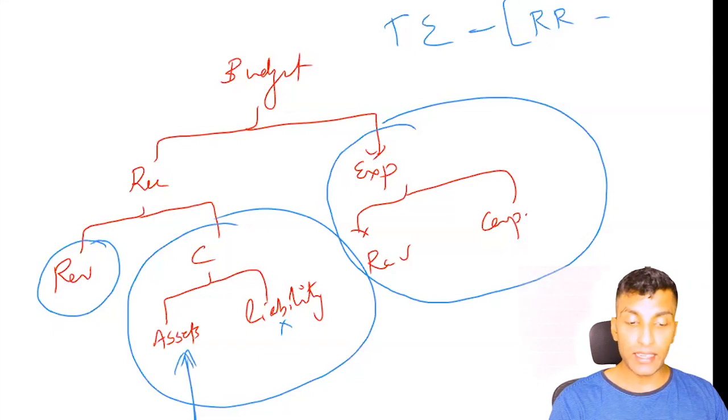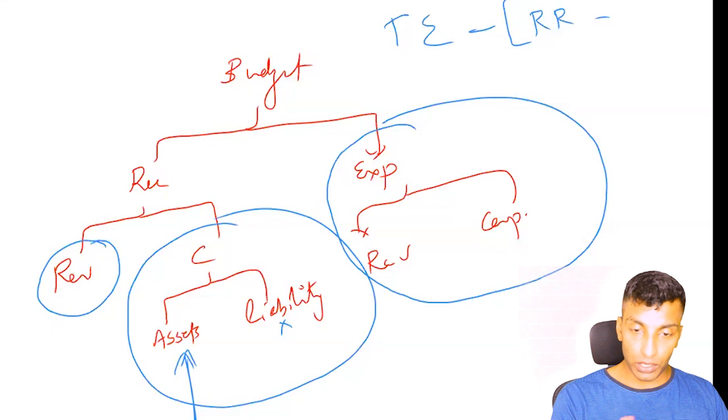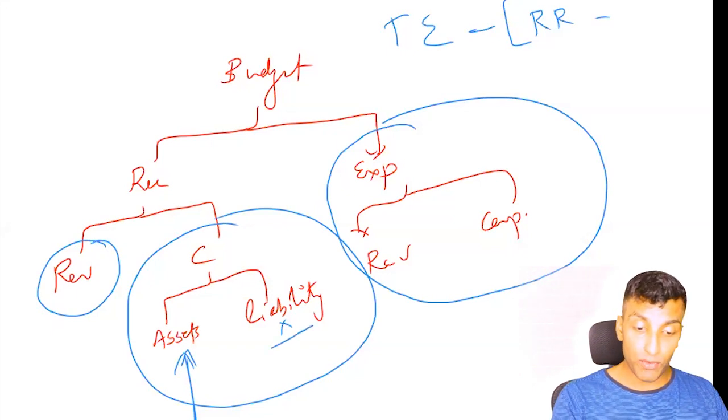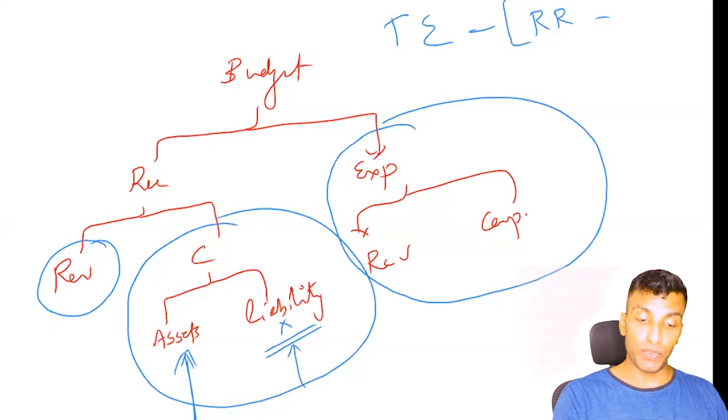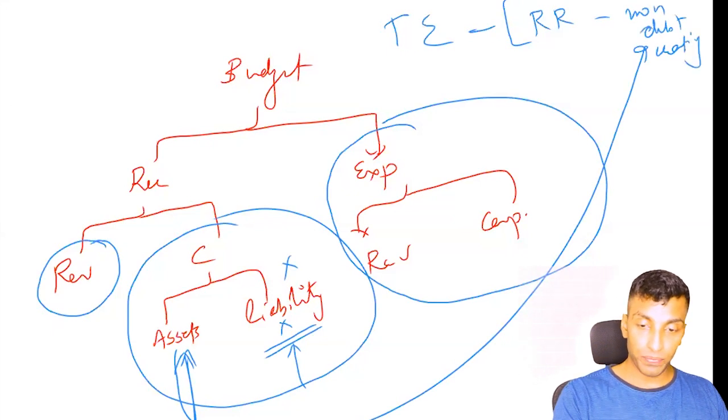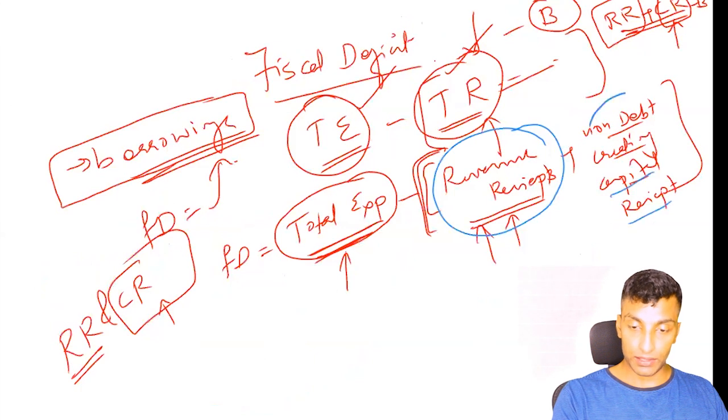Non-debt creating. Why is it non-debt creating? If you turn your page back, I have told you it is related to the disinvestment or selling of assets, etc. These are not creating any debt. But liability, what we have discussed, is the borrowing. So this is the borrowing part. So we exclude this, and this part will come. That is what you mean by non-debt creating. Non-debt creating asset, or non-debt creating capital receipt.